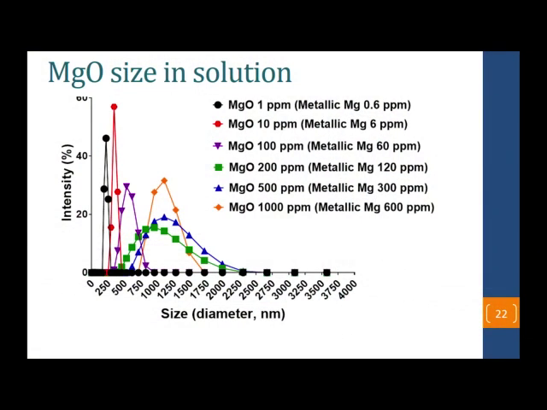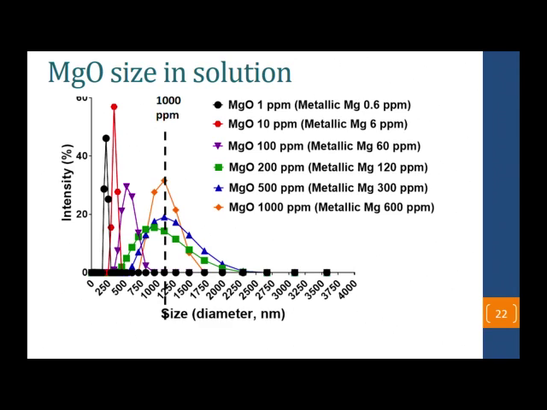There's another thing: the magnesium oxide nanoparticle that I've been using is non-formulated, so it tends to aggregate with each other. So sometimes they showed inconsistency in the greenhouse or in the field trial. In this graph, the x-axis is the size of the particle, and the y-axis is the intensity, where the peak shows most of the particles are this size.